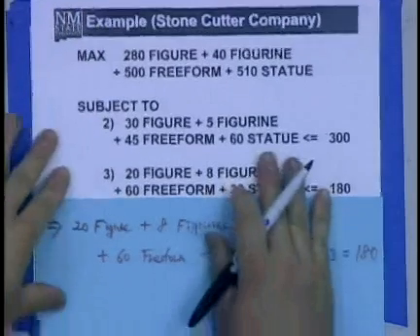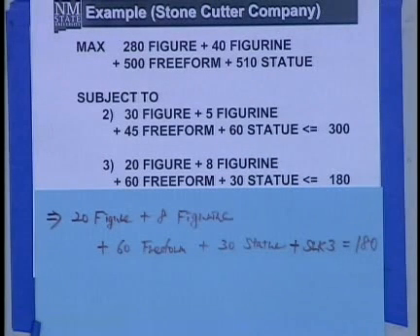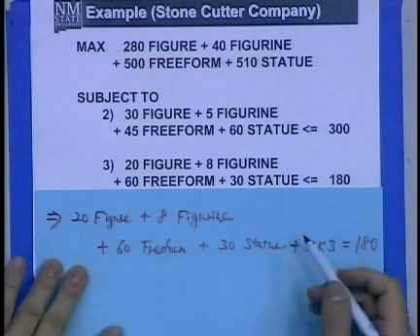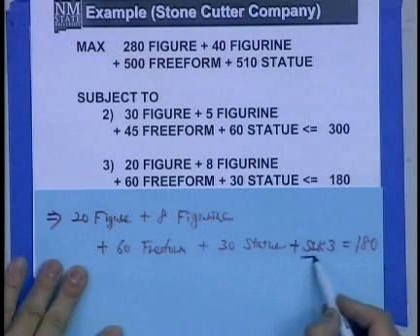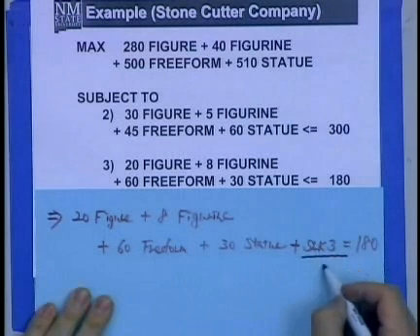And to determine the effect on the production plan of 10 additional hours of chiseling, we must decrease the slack variable, slack 3, that is the unused hours of chiseling, from 0.